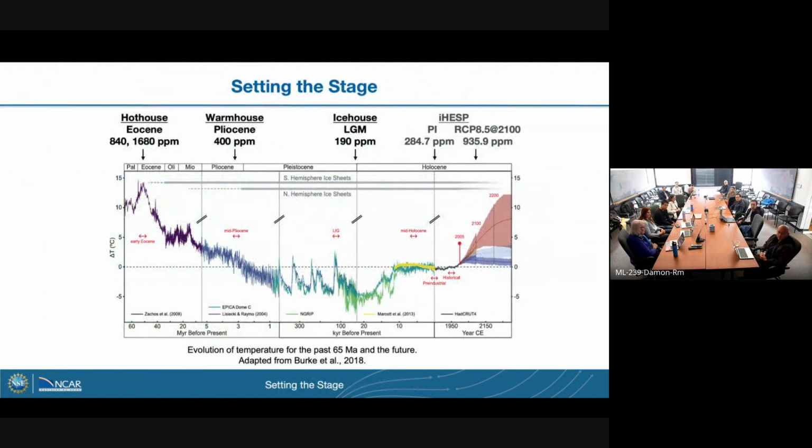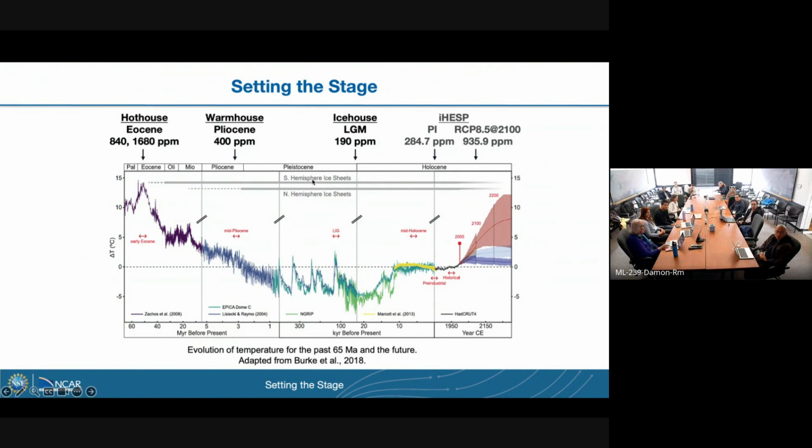So the simulations we ran include what I call a warm house, the Pliocene at 400 ppm. We ran two more extreme climates: the LGM with 190 ppm, an ice house climate, and a hot house, the Eocene, where we ran two different carbon dioxide levels, 3 times pre-industrial and 6 times pre-industrial.